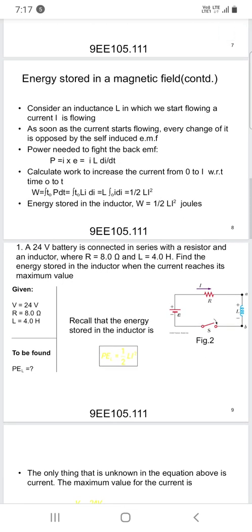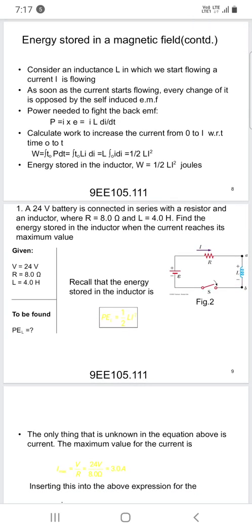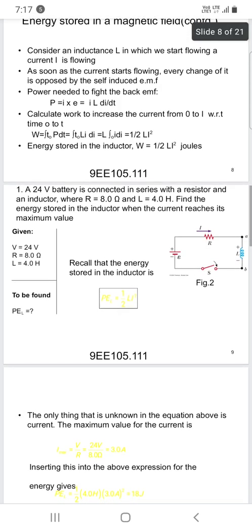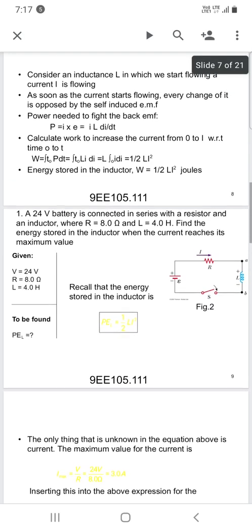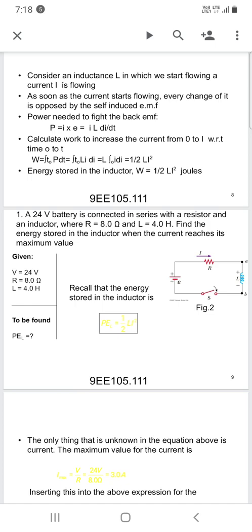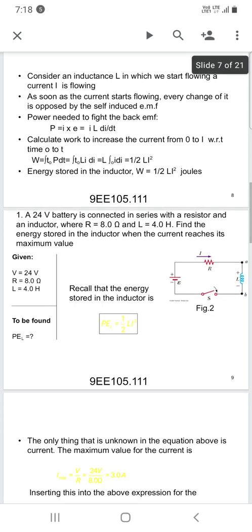Next, the energy stored in the magnetic field. Here, consider an inductance L in which a current I is flowing.